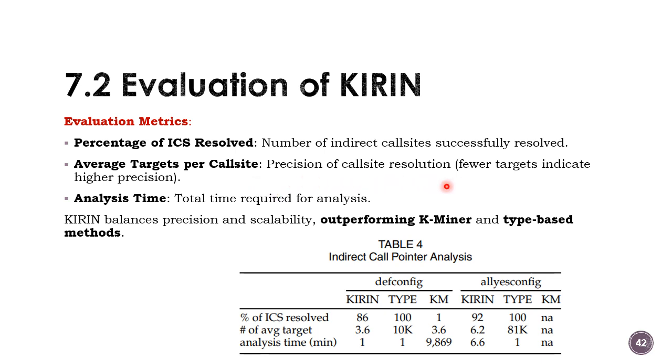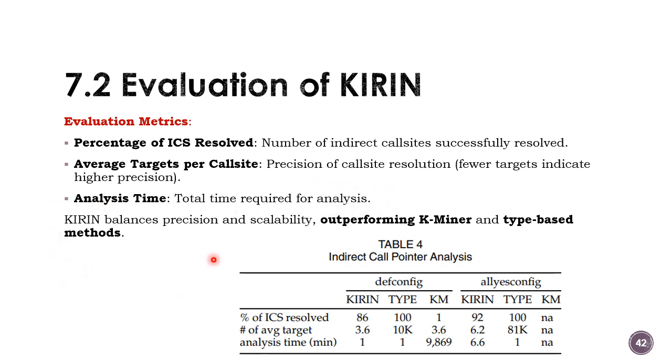The fewer the targets, the higher the precision, because the mapping between an indirect call and the actual lower-level called functions is usually a one-to-one mapping, so the fewer the mappings, the more accurate the detection. And the last one is analysis time, which simply means the time cost during the analysis process.